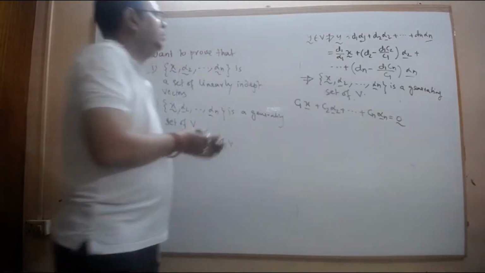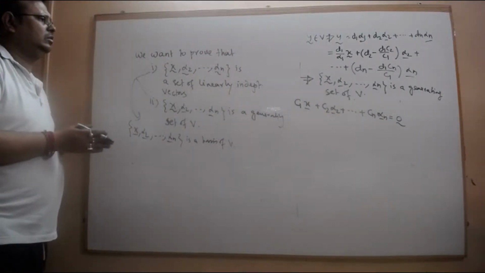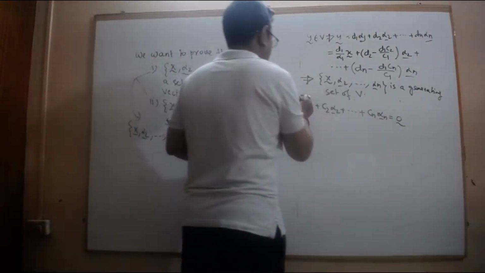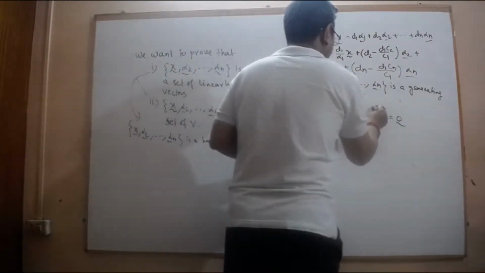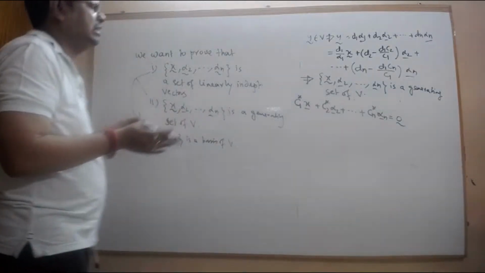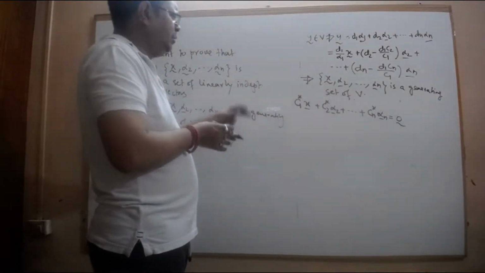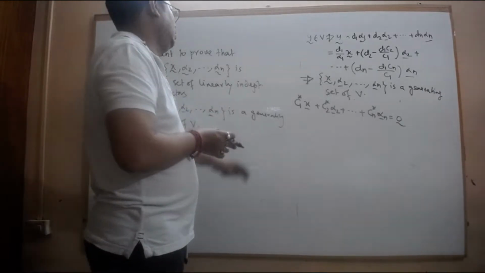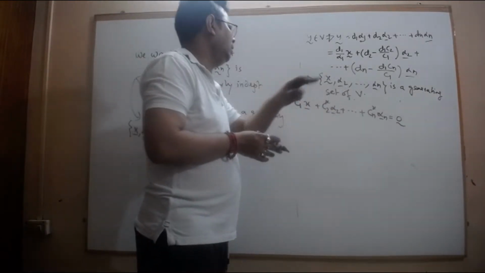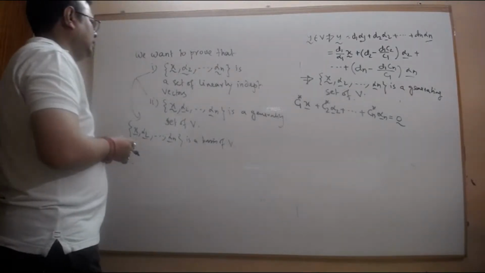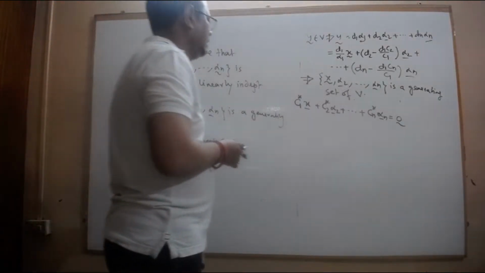And we know it is always possible, when the trivial solution, or all Ci stars are 0. And if it is the only solution, then we can say that x, alpha 2, to alpha n is a set of linearly independent vectors.